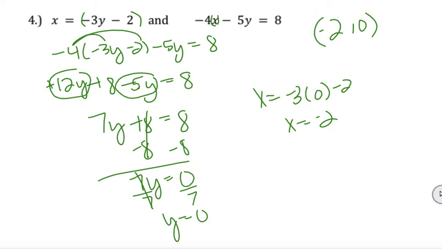And I'm going to make this comma not look so much like a 1. A little bit sloppy writing with my slate here. So checking this out, we'd have negative 4 times negative 2, which would be a positive 8. Negative 5 times 0 is 0, so 8 would equal 8.